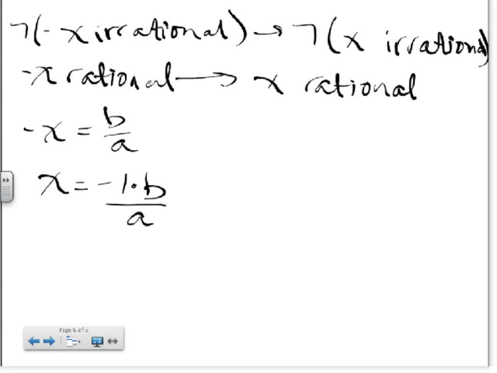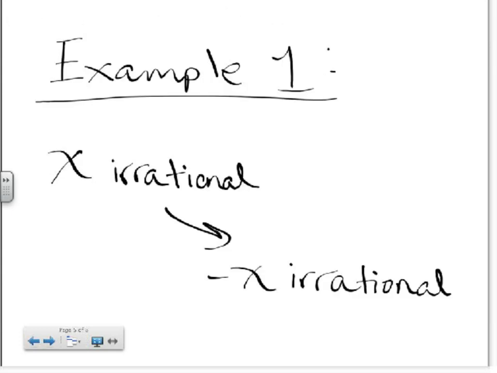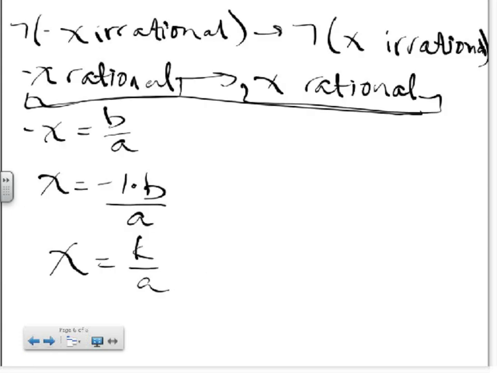So -1 times b is some integer, and we're going to call that integer k. So x equals k over a. And because x can be written as the quotient of two integers, x is then rational. So we've just proven the second half of the statement follows when the first half is true. Because we've proven that statement, we have proven our initial statement, that if x is irrational, then negative x is irrational.